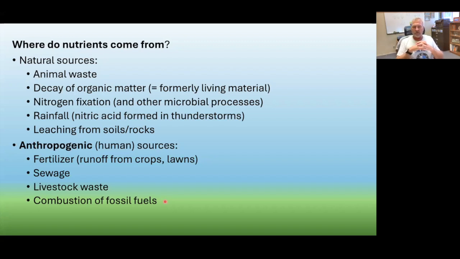There are a lot of artificial fertilizers that are manufactured and then put on crops. These things tend to be water soluble. So both nitrogen and phosphorus, for instance, are water soluble. So they can leach out of the soils and follow water flow out into wetland and other aquatic environments. Sewage is one. Combustion of fossil fuels, right?